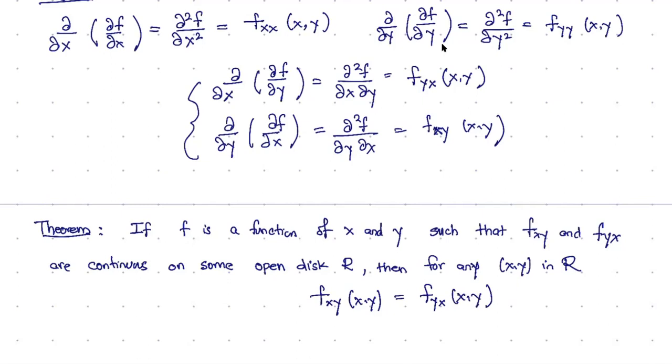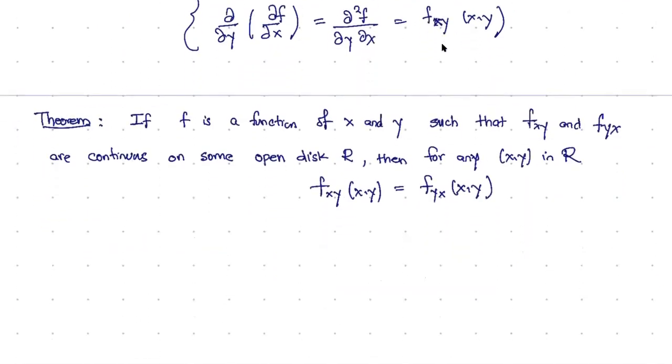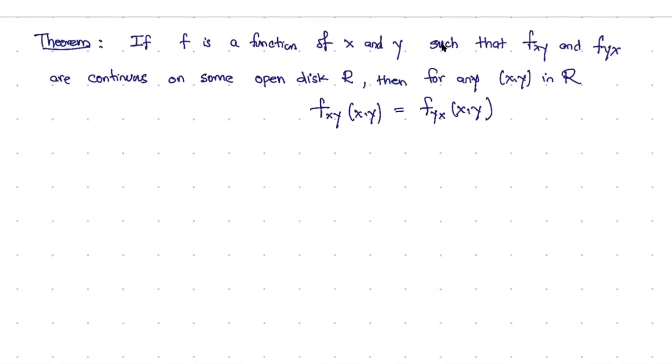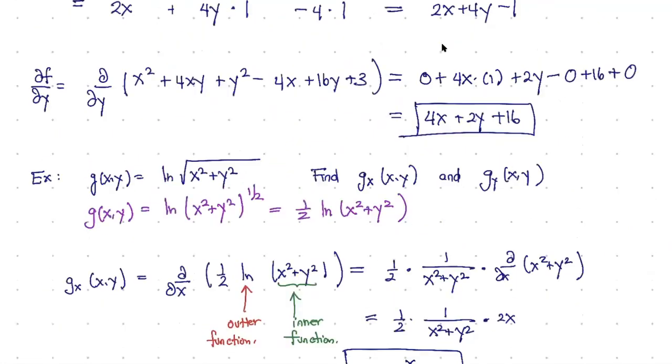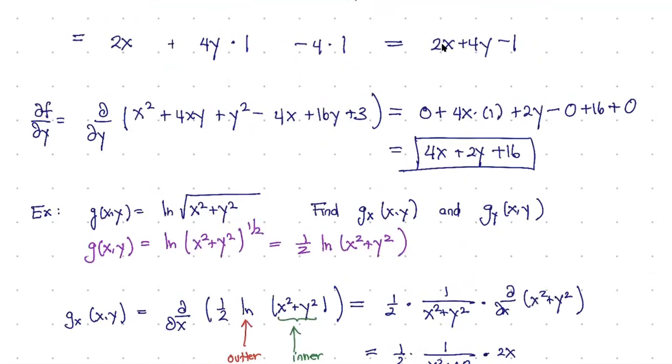And so this is rather fascinating. It's something that I'll leave for you to play around with other functions. You would just take a second partial. So for example, when we looked at one of the previous examples, like the partial with respect to y of f, we ended up with 4x plus 2y.